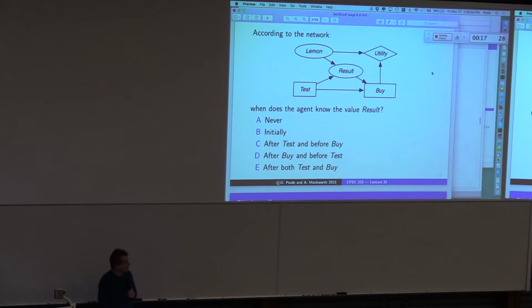It's the same network. Does it never know the value of result? Does it know it initially? Does it know it after test and before buy, after buy and before test, or after both test and buy?